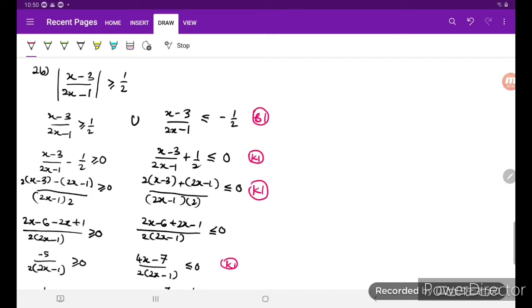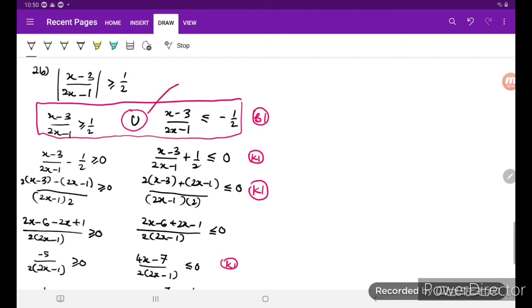Okay, for question 2b is the absolute value inequality. The first mark will be given if you write this one exactly, but if you don't write this one, never mind.